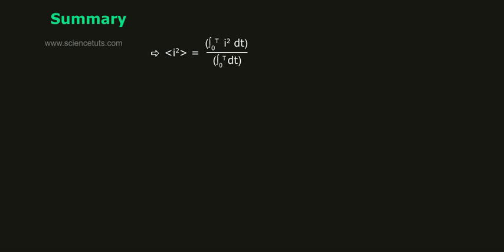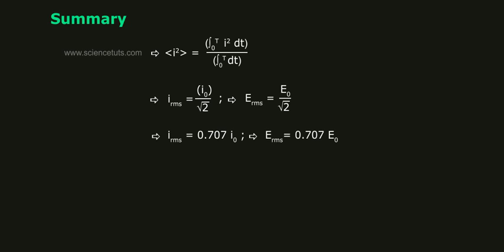Average I square equals integration from 0 to T of I square dt by integration from 0 to T of dt. I RMS equals I naught by root 2. E RMS equals E naught by root 2. I RMS equals 0.707 I naught. E RMS equals 0.707 E naught.